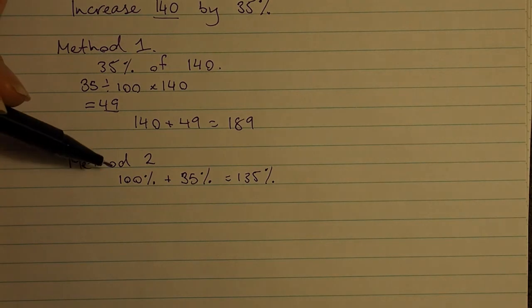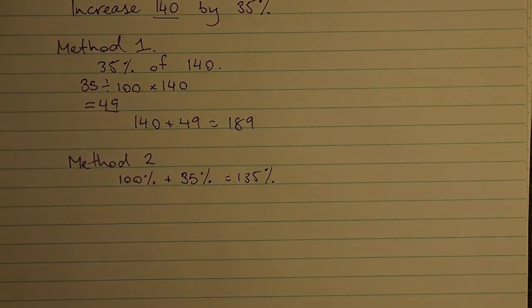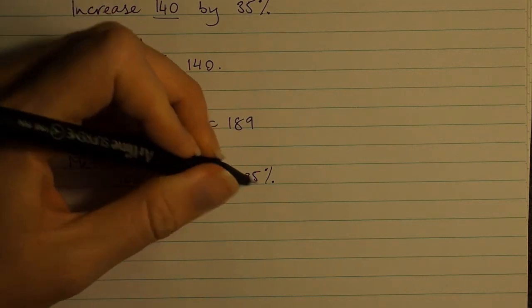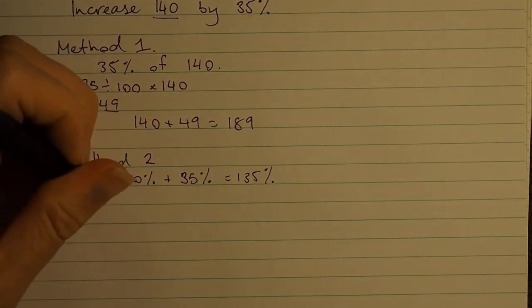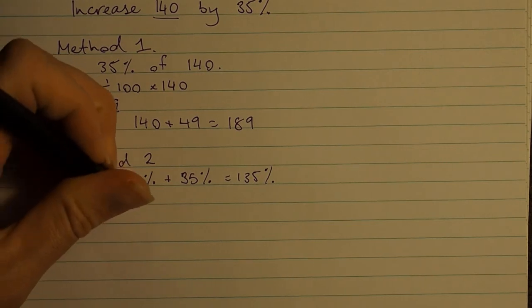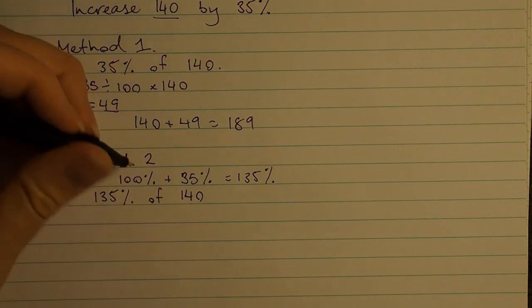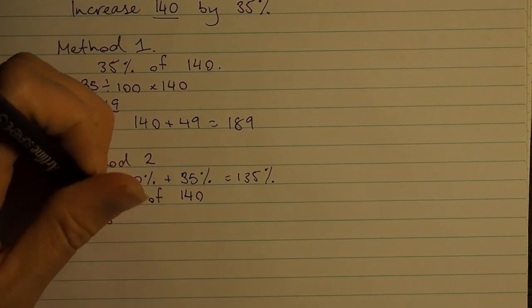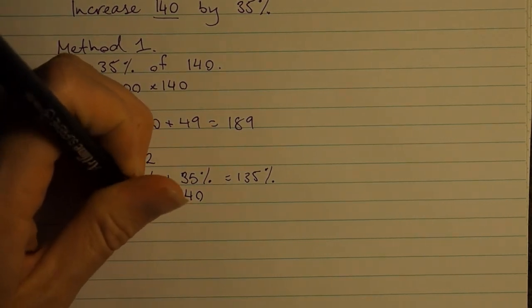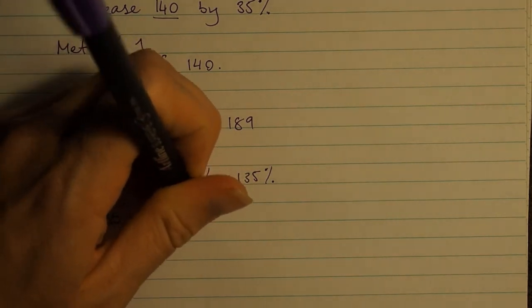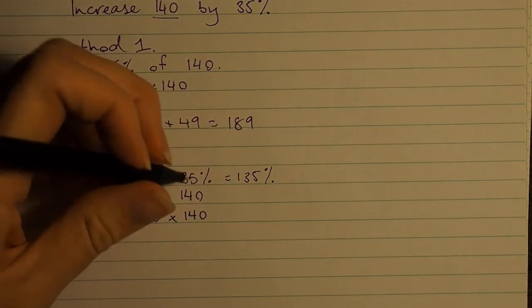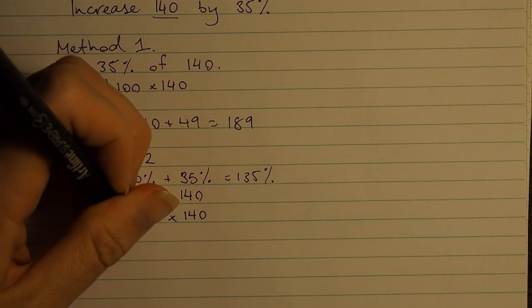Once we've got that added together, which is pretty straightforward, hopefully you'll be able to do that without too much effort. So we're really finding 135% of 140. Again, we take our percentage, divide it by 100, and multiply it by our quantity, which gives us an answer of 189.